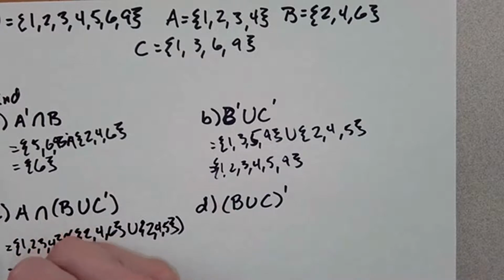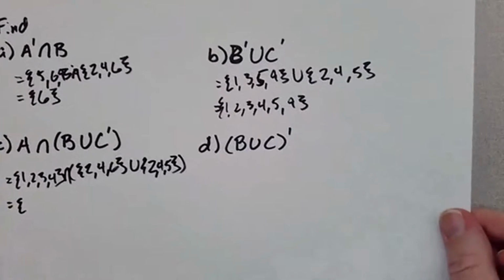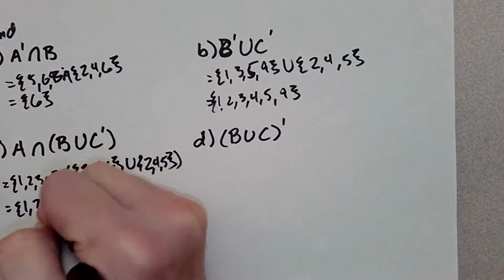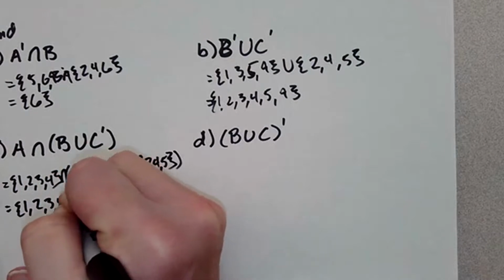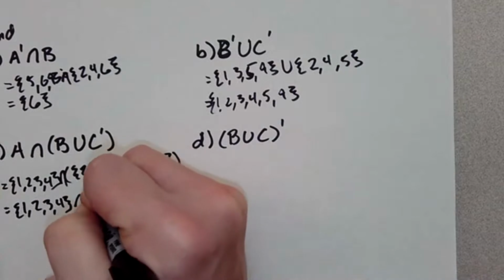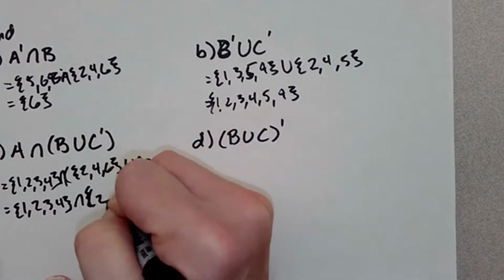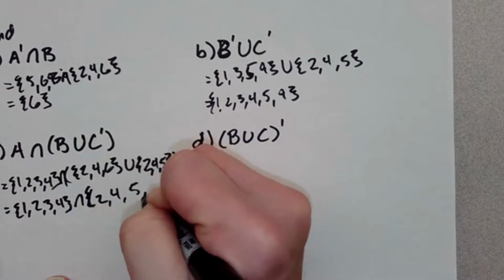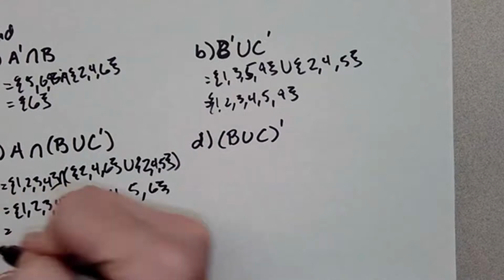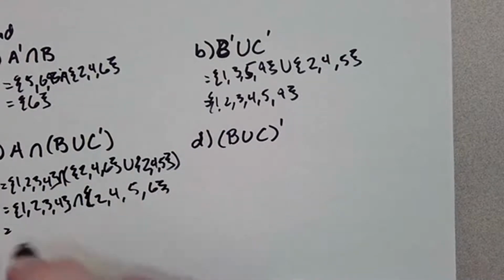Then that's the intersection. Make sure you guys can see this. There we go. That's better. Of 1, 2, 3, 4 with the union of these two sets, which is going to be 2, 4, 5, 6. So when we take the intersection, that's just going to be 2 and 4.